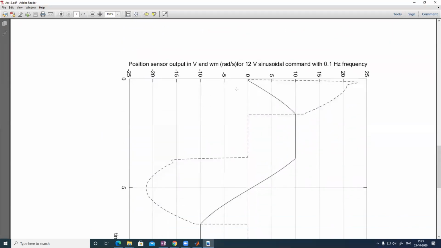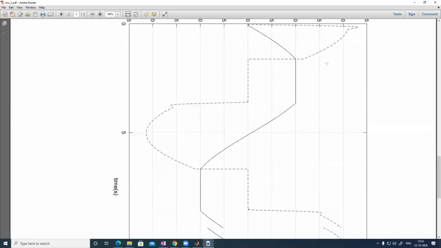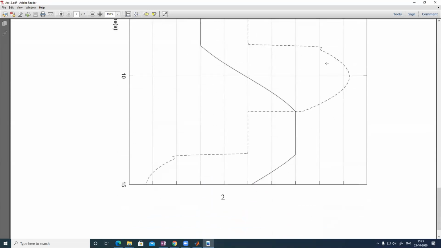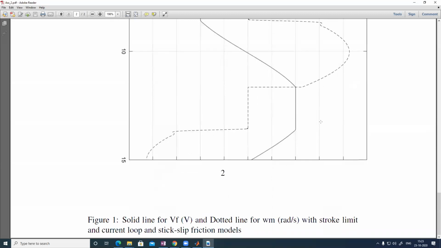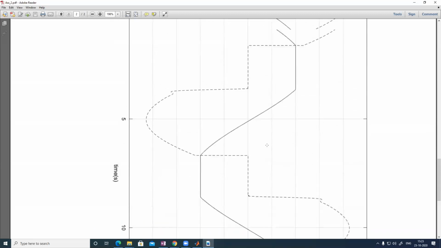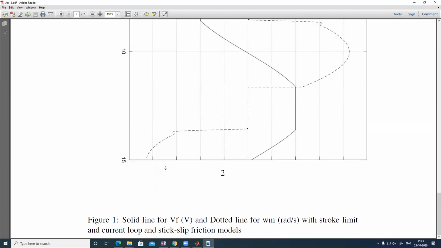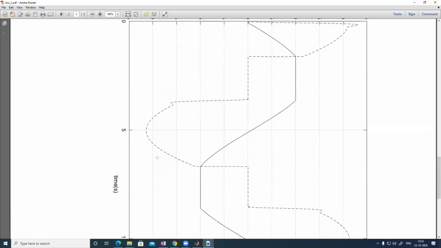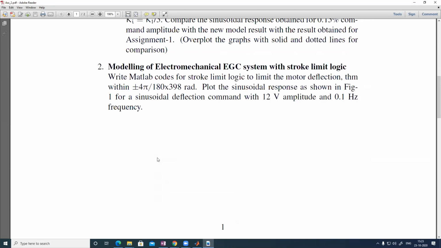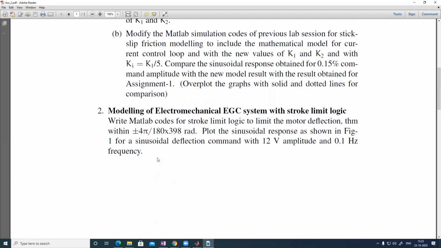This is the model graph for a 12 volt sinusoidal command and point on hertz frequency. So your doubt will be cleared if you do this one. If you are getting this graph, it will be clear. So the model graph is also attached here.